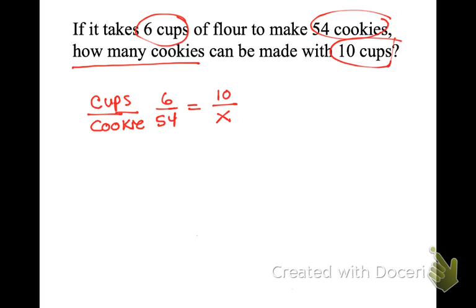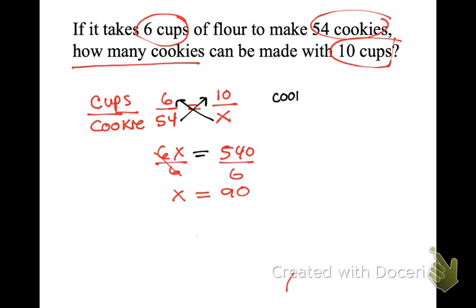And so then I'm going to do my cross products. That equals 540. And I'm doing my other cross product, equals 6x. I divide both sides by 6, and x is equal to 90. Now, I don't care. You could have set it up cookies to cups. There's no order here. Okay? And if I set it up that way, then I'm doing 54 over 6 for 6 cups.